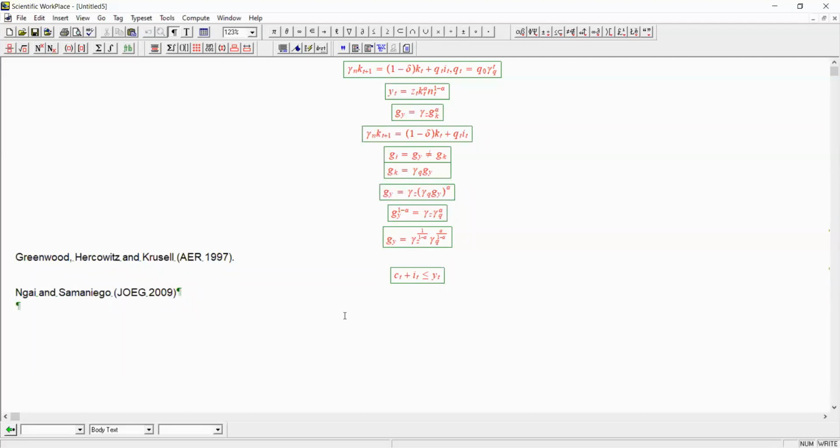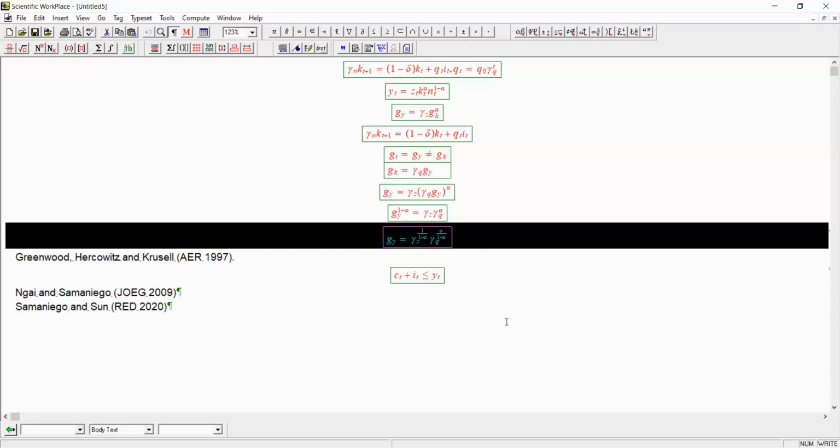And in another paper I wrote with Professor Juliana Swan, Review of Economic Dynamics 20, what we did was we used data for a lot of different countries, not just the United States, and showed that actually the extent to which investment-specific technical change affects growth varies a lot around the world.